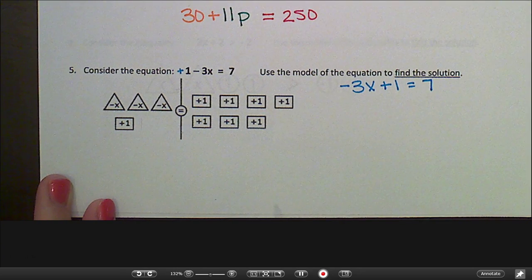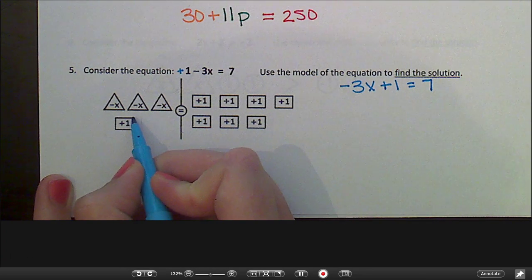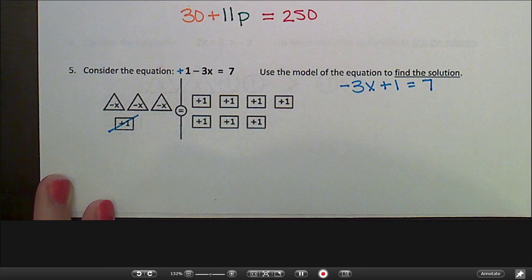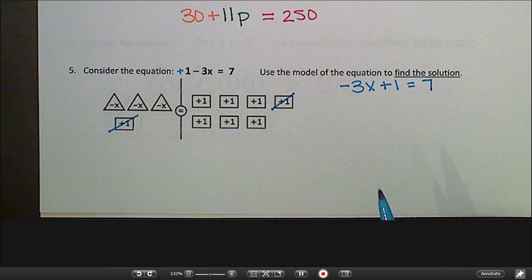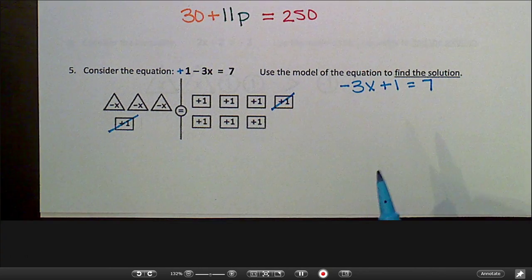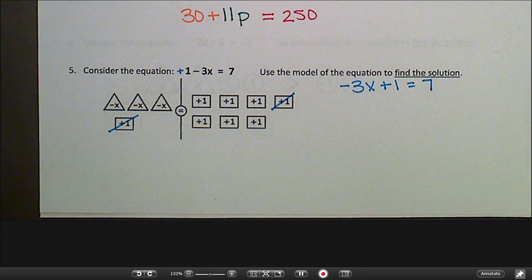I want to start canceling some things out. So the first thing I'm going to do is get rid of this positive 1, and if I get rid of this positive 1, I have to get rid of positive 1 from the other side. This is the same as subtracting 1 from both sides.